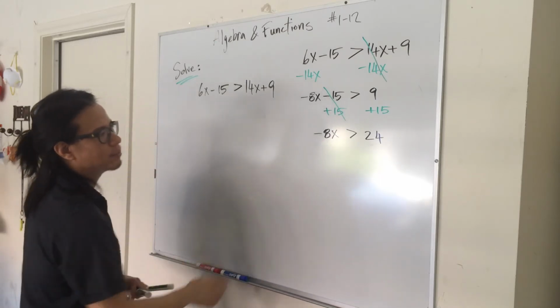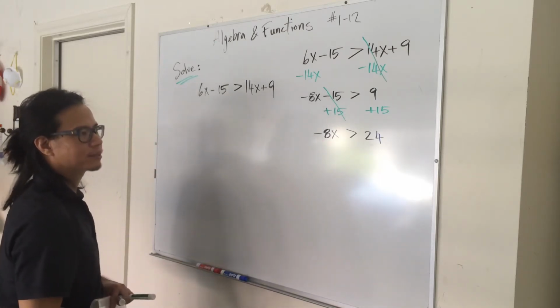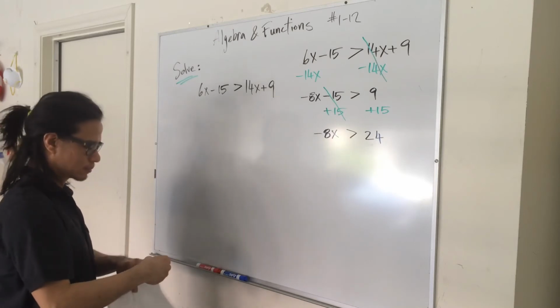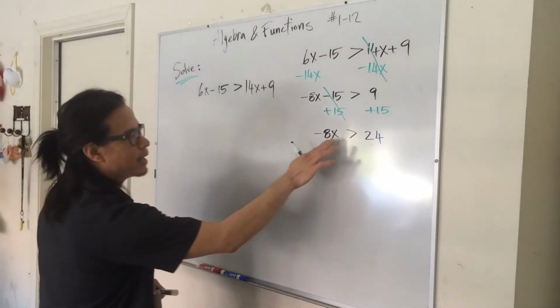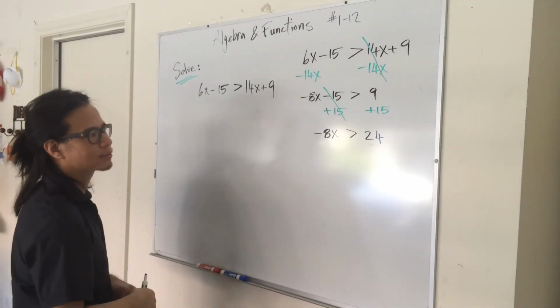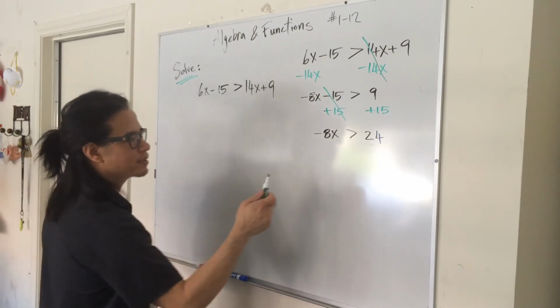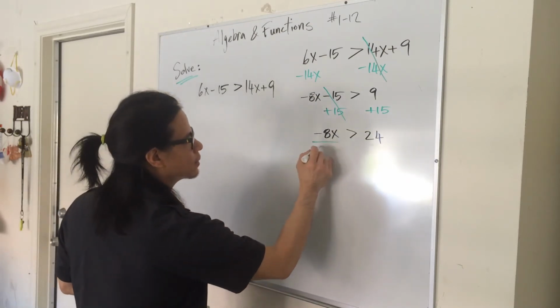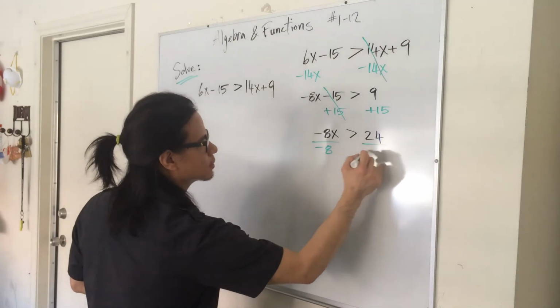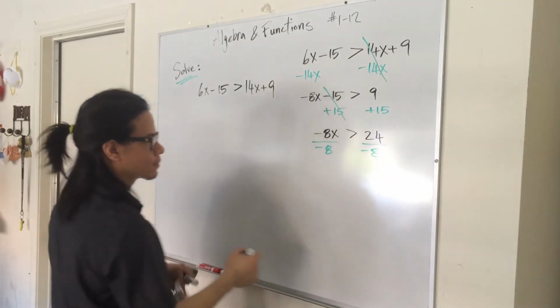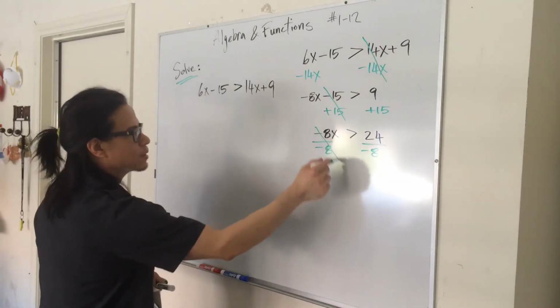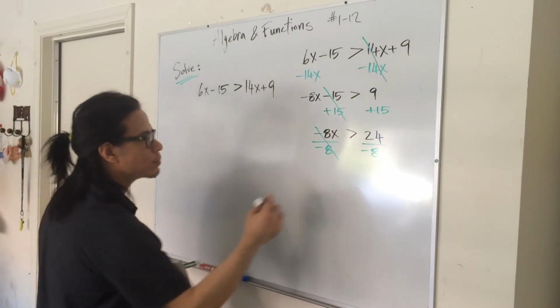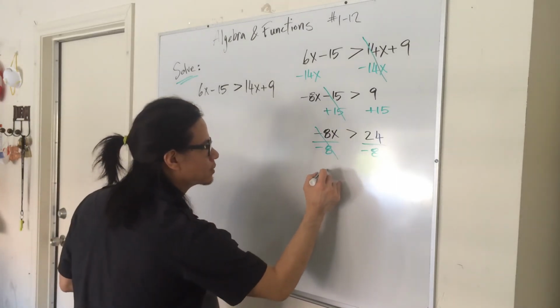How would you get rid of the minus 8 in front of the x? Say to yourself, x times negative 8. So the opposite is divide by negative 8. Okay, so that cancels out. Don't make this harder than it has to be.